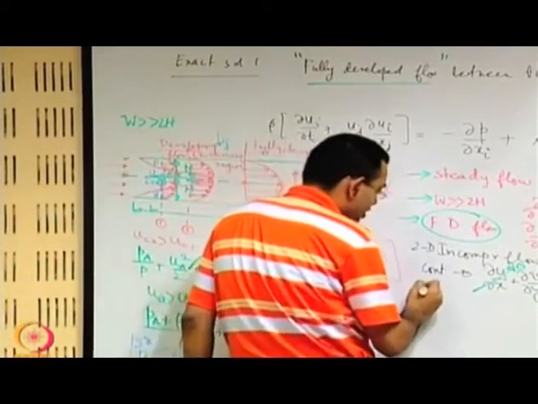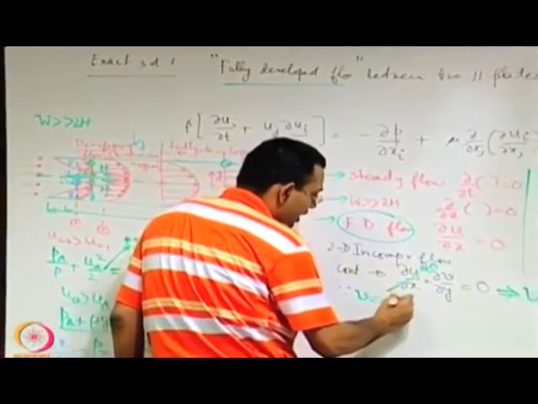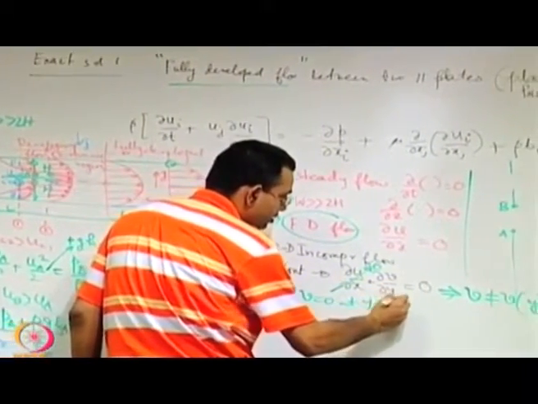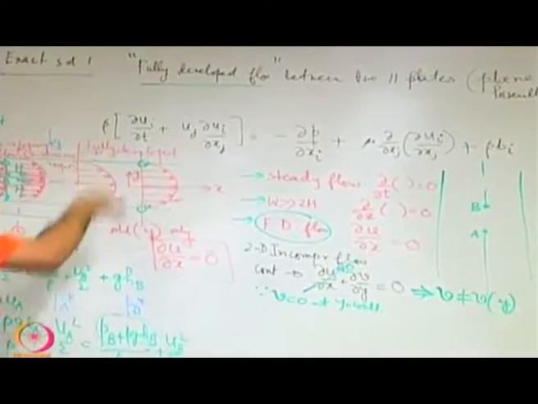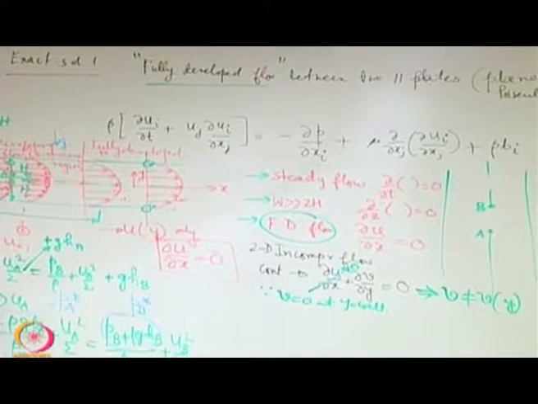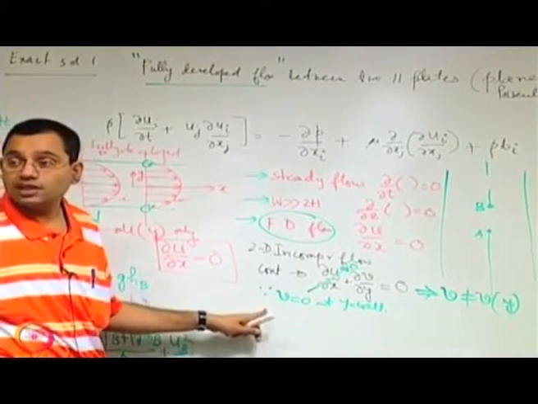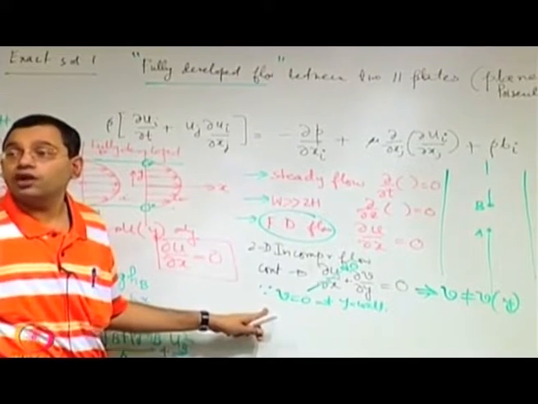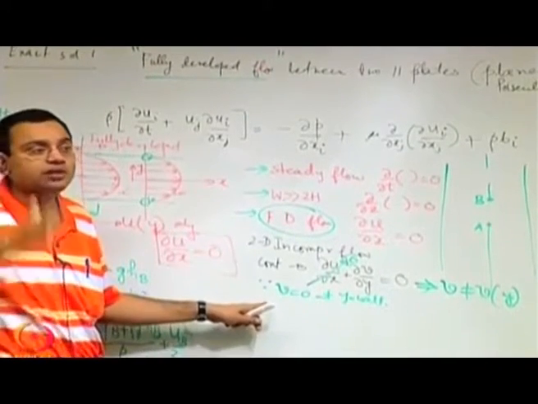So, because of no penetration, V is 0 at the wall. Since V is 0 at y equal to the wall, and there are two walls, one at plus h and another at minus h, we can say that V is 0 for all values of y, because V is not a function of y.